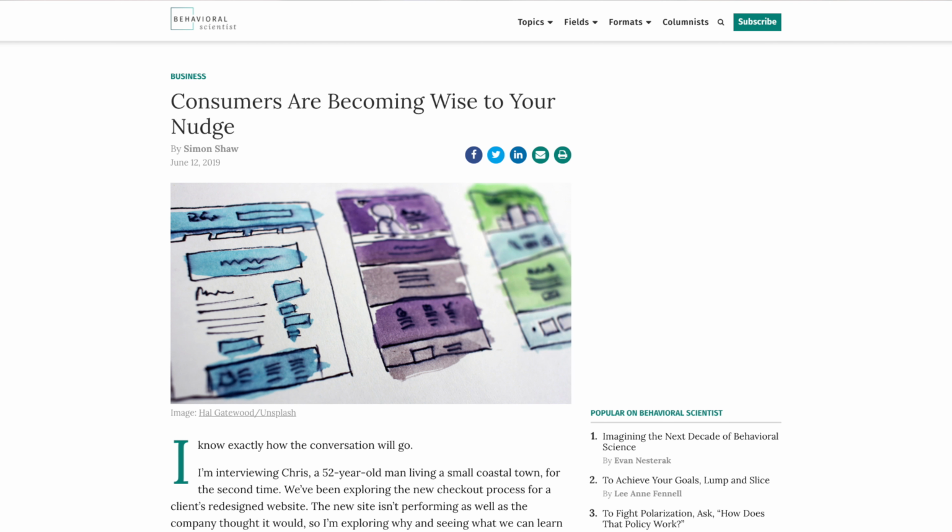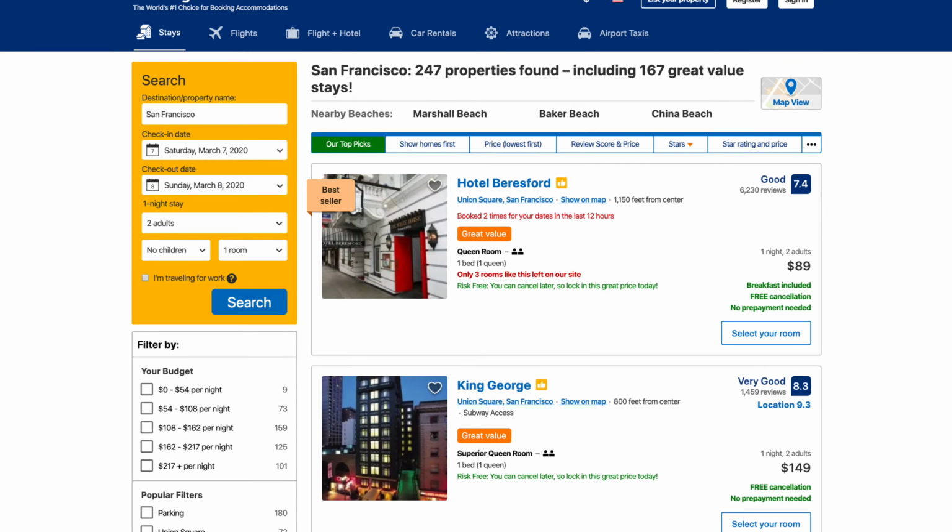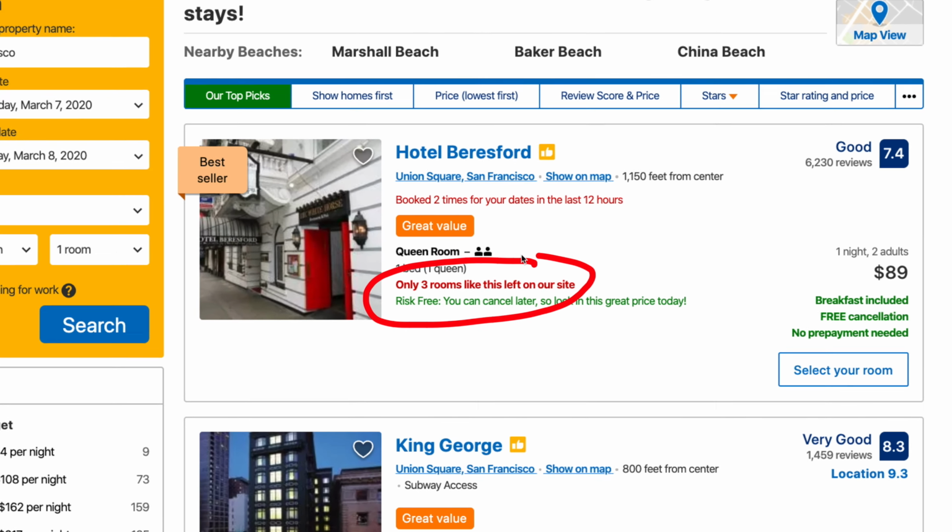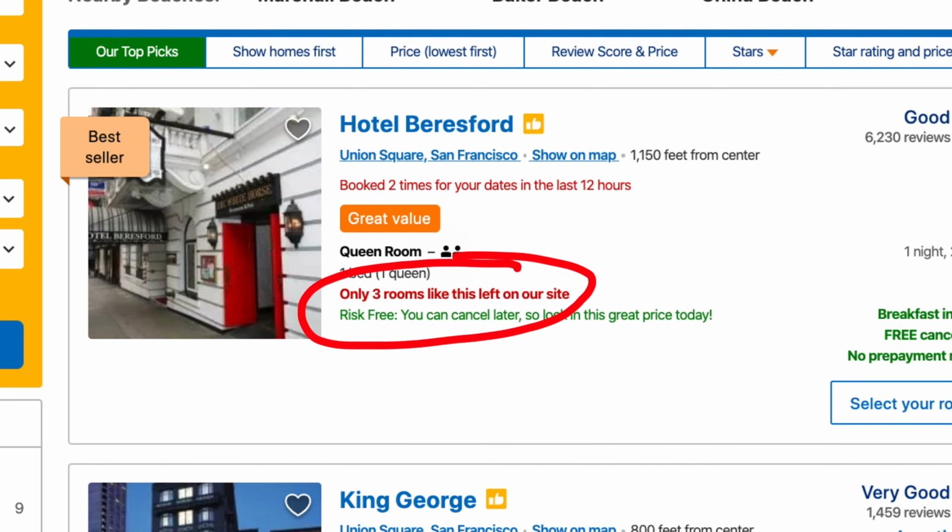And before you go and start implementing every social proof technique out there, you should know that some of the techniques that got people results in the past might not get you the same positive results, and in some situations might actually get you negative results. There's an article published in behavioralscientist.org called "Consumers Are Becoming Wise to Your Nudge," where author Simon Shaw writes about a study where his company Trinity McQueen tested the only 2 rooms left UI pattern commonly used in hotel booking websites.